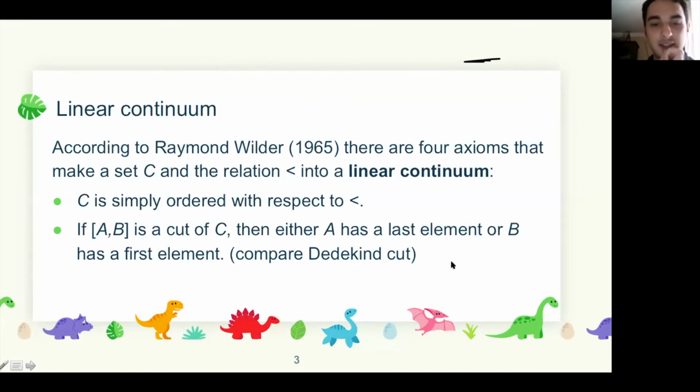If A and B form a cut of C, then either A has a last element or B has a first element.